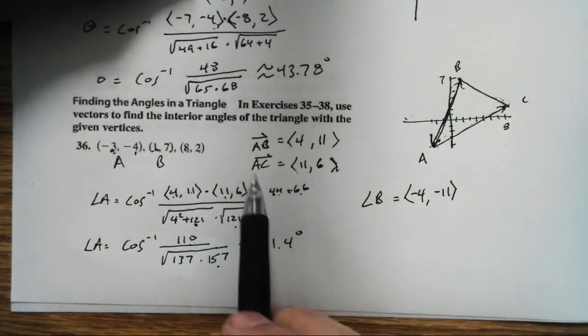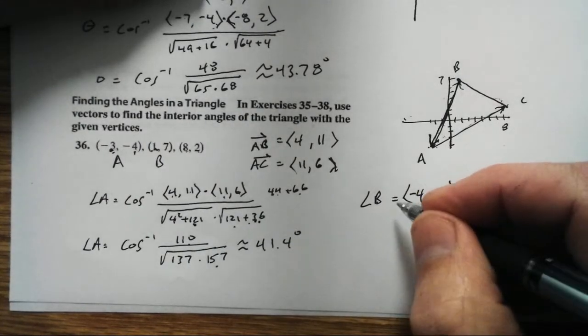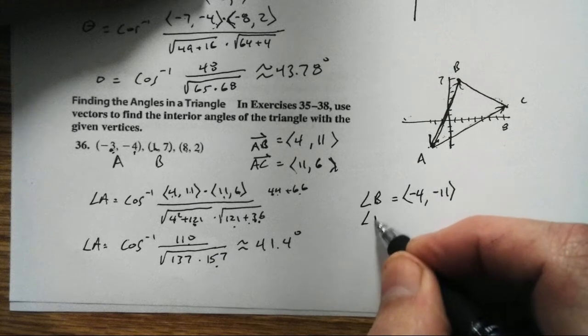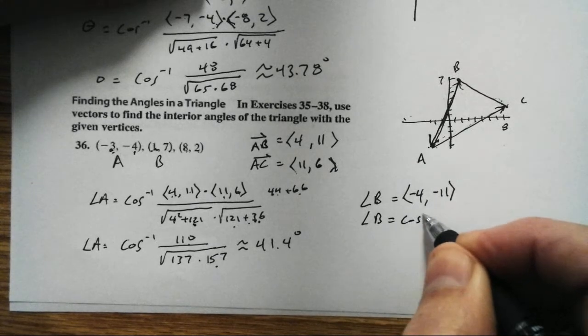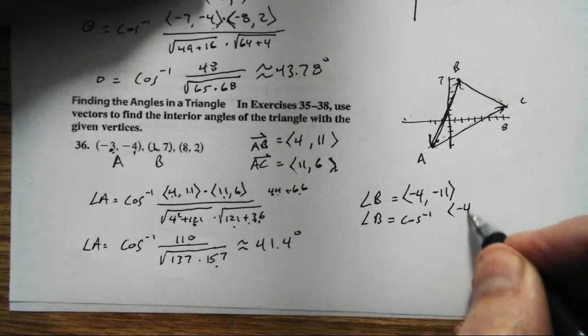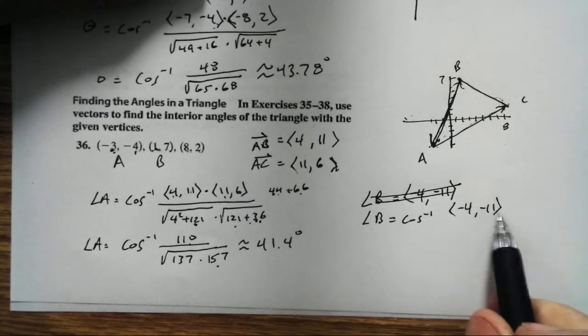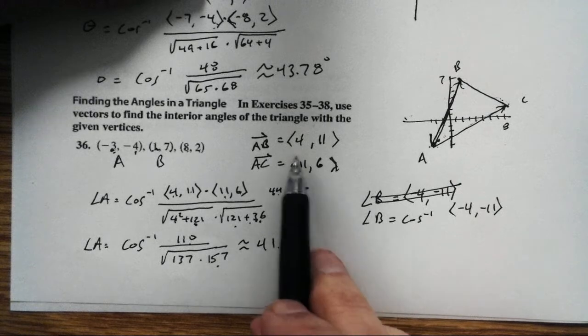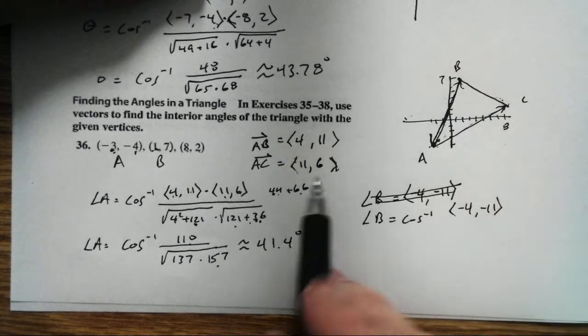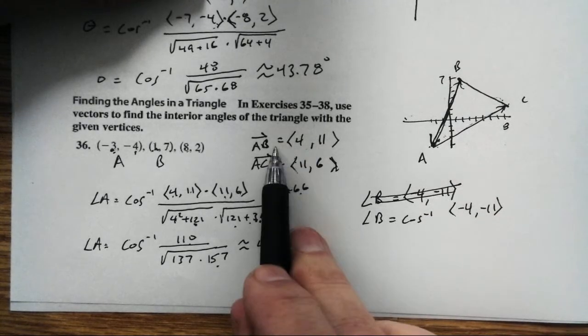I should have a cosine inverse here. Let's go angle B equals cosine inverse of negative 4, negative 11. It's not a coincidence: negative 4, negative 11, B to A, is the exact opposite of A to B.